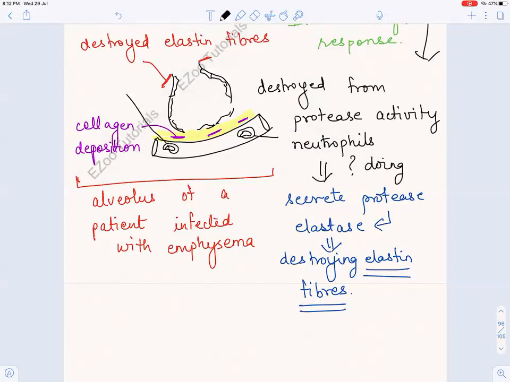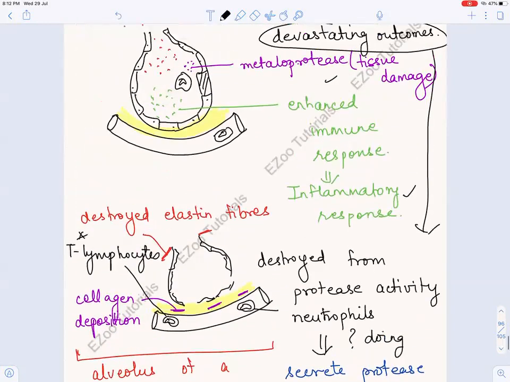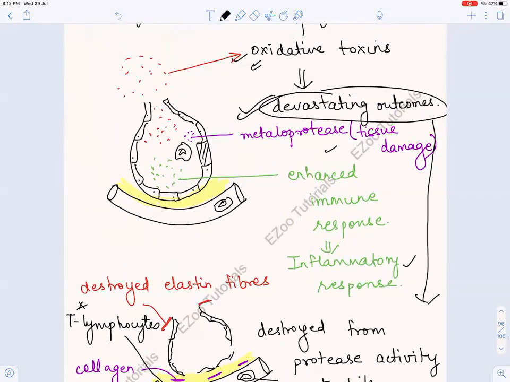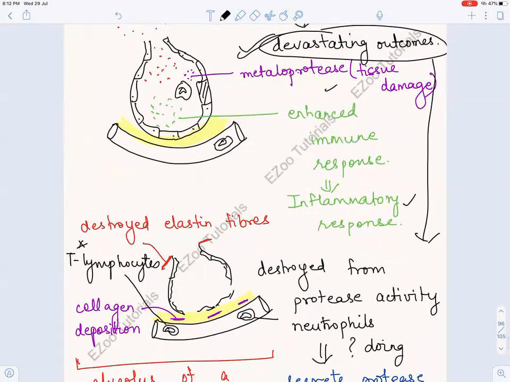And what will these T lymphocytes do? They will destroy the tissue. So you saw how devastating the effects were. These were the devastating outcomes. See how healthy this alveolus was looking and see how it is looking now. So this is what is happening in emphysema.